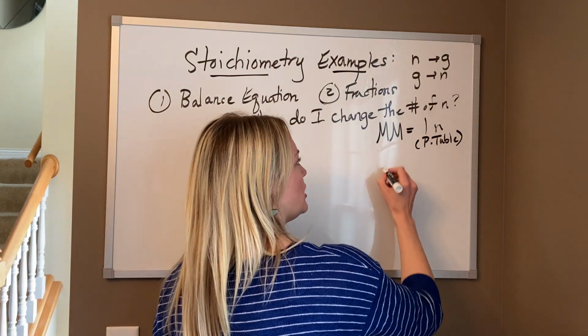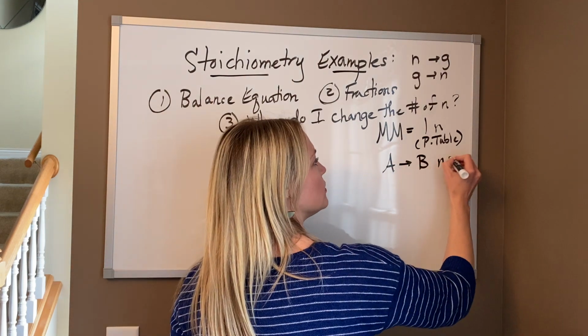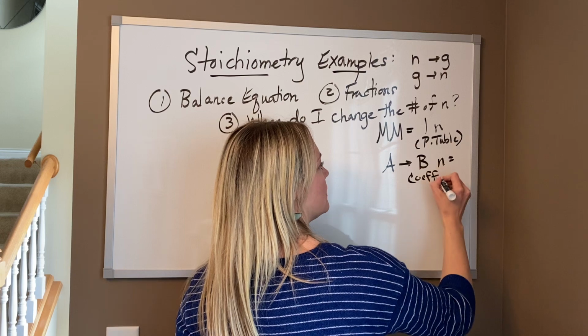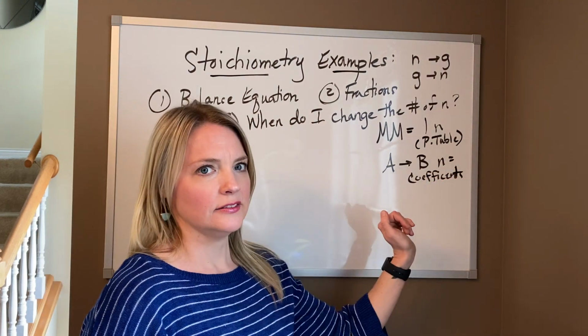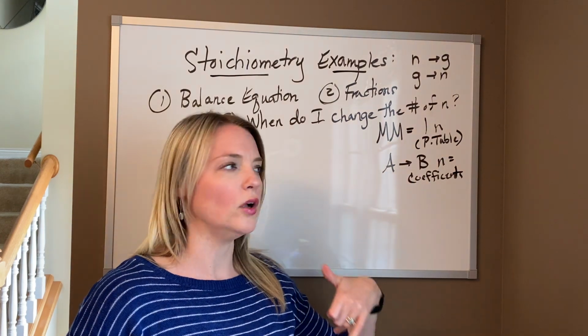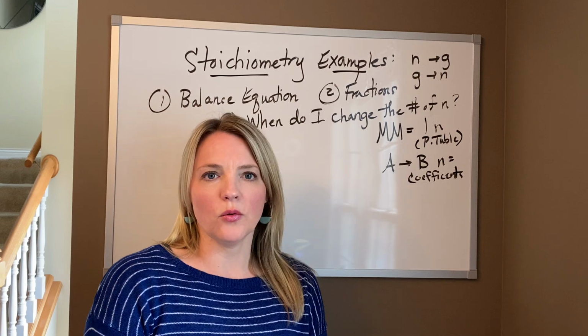Anytime you are using the ratio, going from A to B, your moles equal your coefficients. So again, molar mass, grams to moles, you use 1 mole. If you're using that A to B jump, your moles are equal to your coefficients.